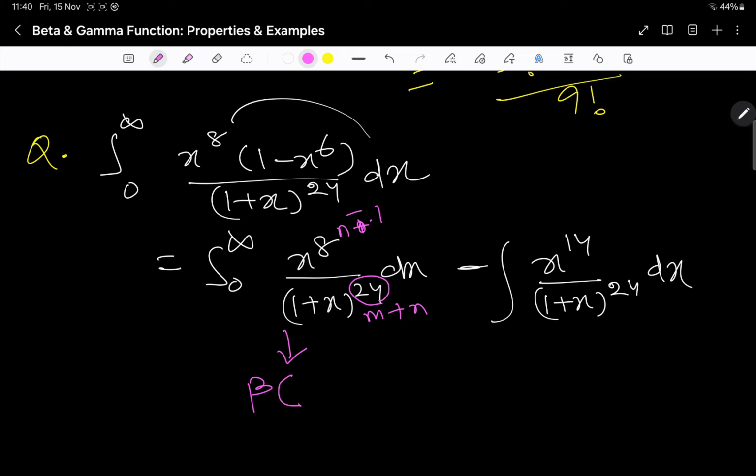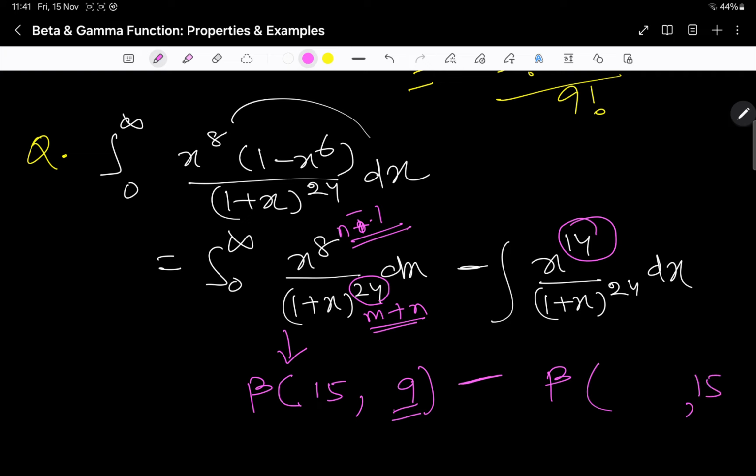So this will give you beta of n, and what is n? It will increase by 1, so 9. Then 9 plus what is 24? It is 15, because m plus n is 24. Accordingly, for the x to the power 14 term, it is beta of 15, 9.